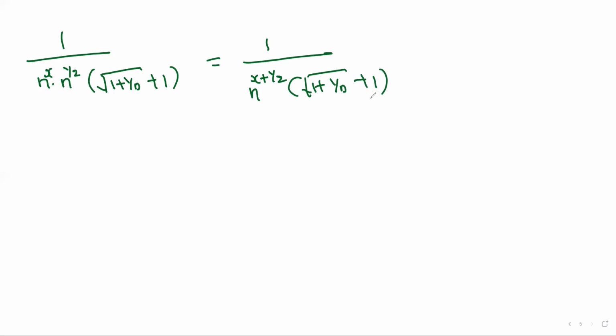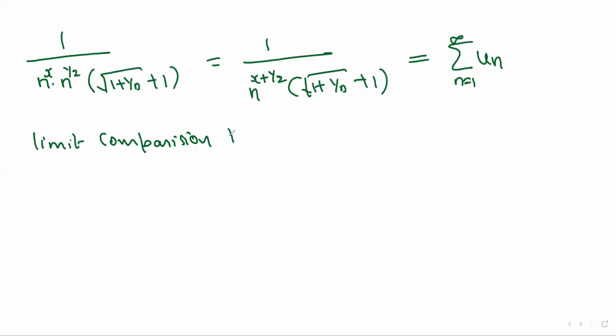Next, we shall apply the limit comparison test. For this, take this series as series Σun where n is running from 1 to infinity. Take vn as 1 by n power x plus 1 by 2.